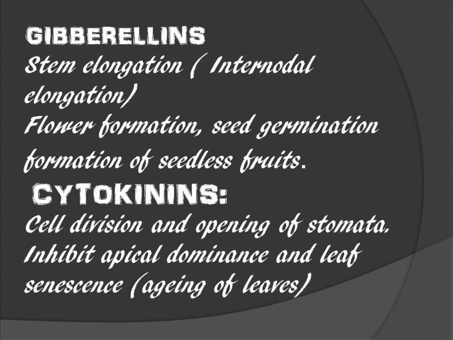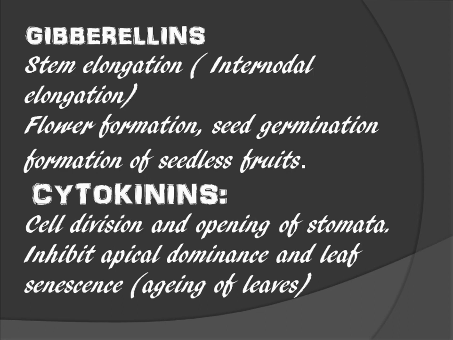The next plant hormone is gibberellins. Gibberellins play a vital role in growth of the plants along with auxin. The main role of gibberellins are stem elongation, that is internodal elongation.